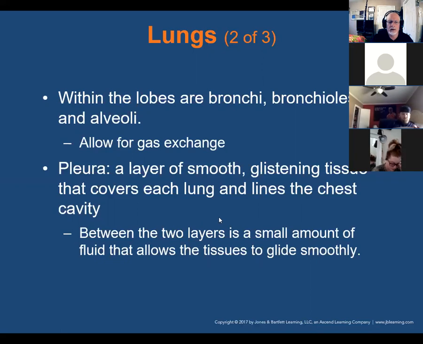We don't want the lungs to have a hole rubbed in them by sliding on the inside part of the thoracic cavity or chest cavity. So we have some cool stuff.